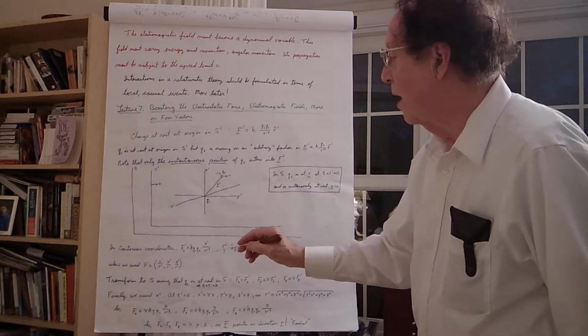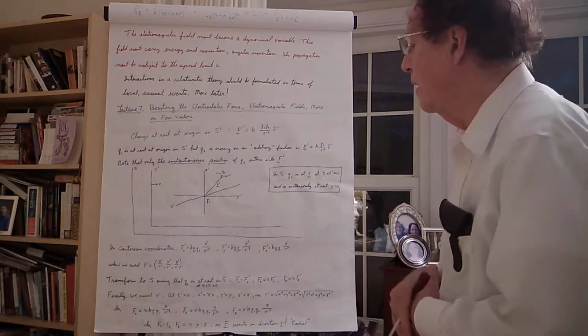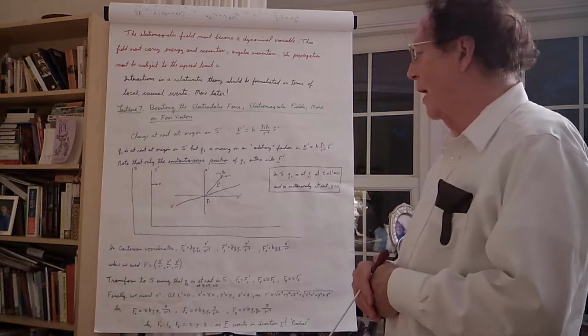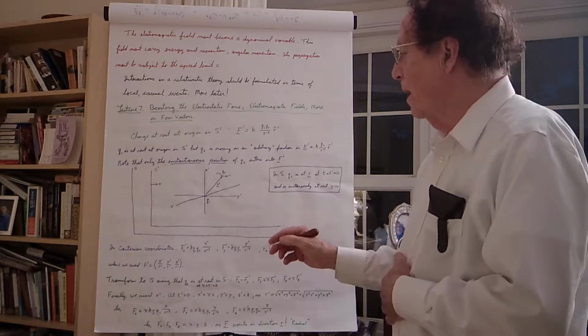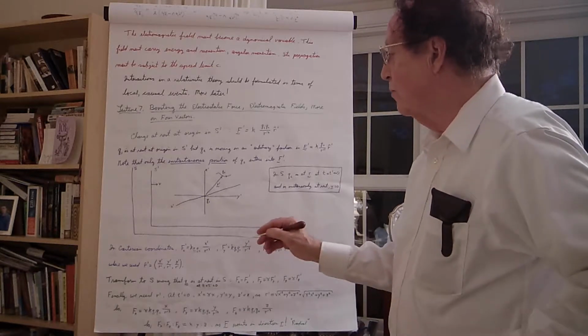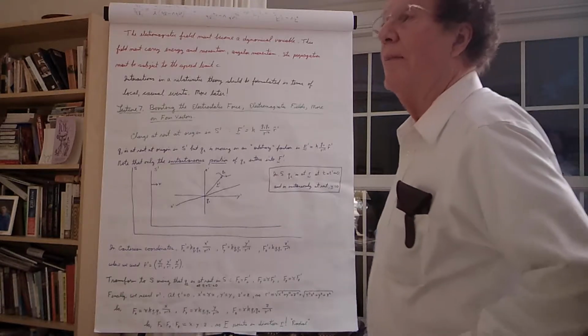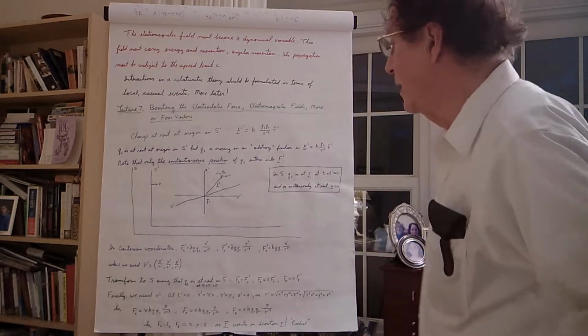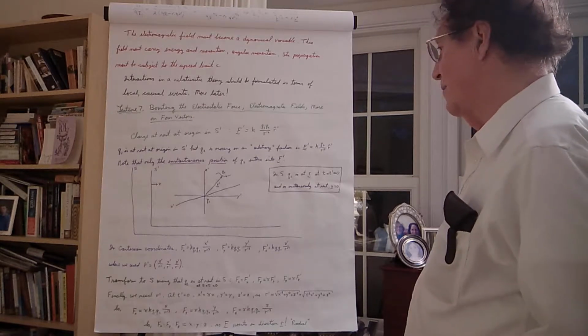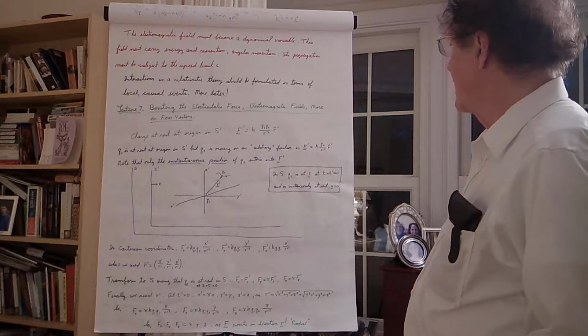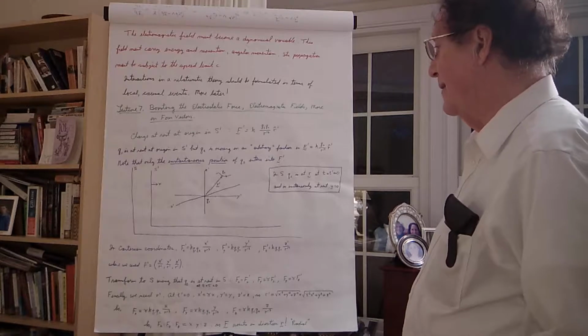X hat, the unit direction in the prime frame, is just the 3-vector of X prime, Y prime, Z prime over R prime. That makes it a unit vector, and it points in the appropriate direction. So that's pretty easy.